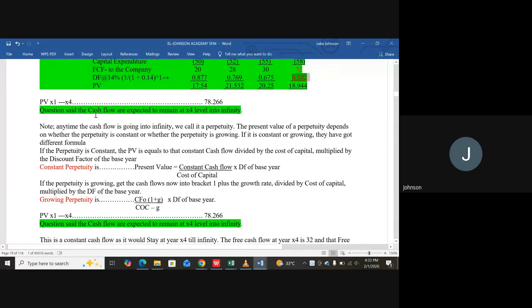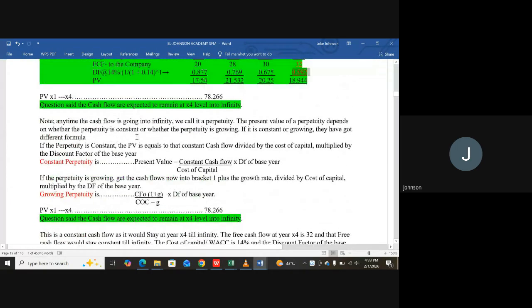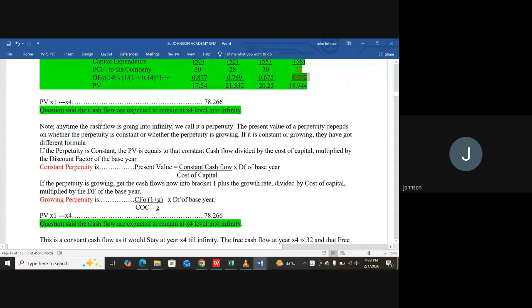The cash flow is now going to grow from point 4 into infinity, that means from the 5th year to infinity. The first one is constant, that's why we did not put growth. But the second one is going to grow. The cash flow from year 4 is going to grow from year 5 into infinity.